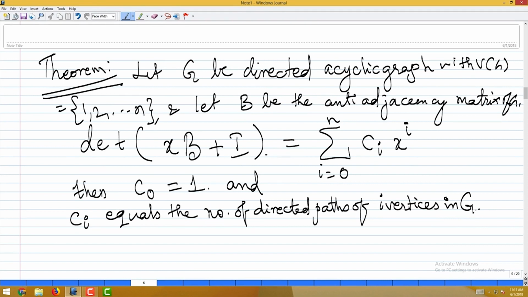So, in that sense you can see that C naught is nothing but the determinant of this matrix B. We have already seen that if there is a Hamiltonian path, the determinant will be 1, otherwise 0. So, C naught equal to 1 implies that there exists a Hamiltonian path, and there is only one Hamiltonian path in the graph. There cannot be two paths, right.